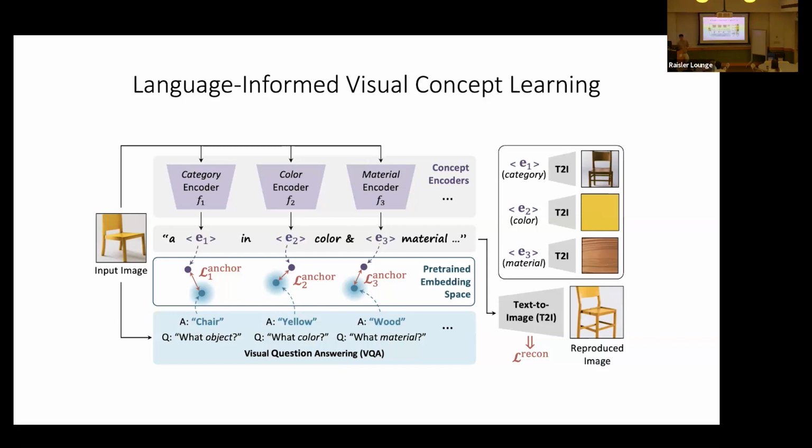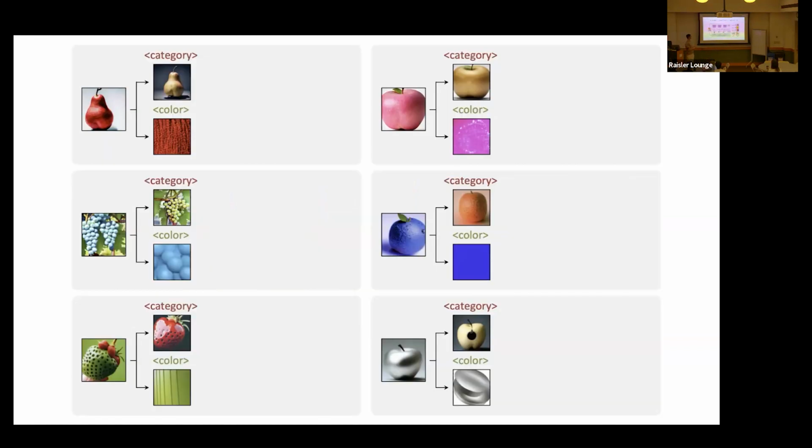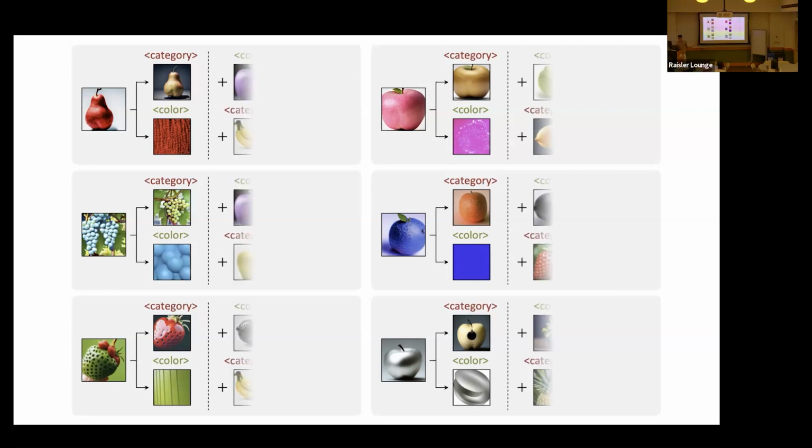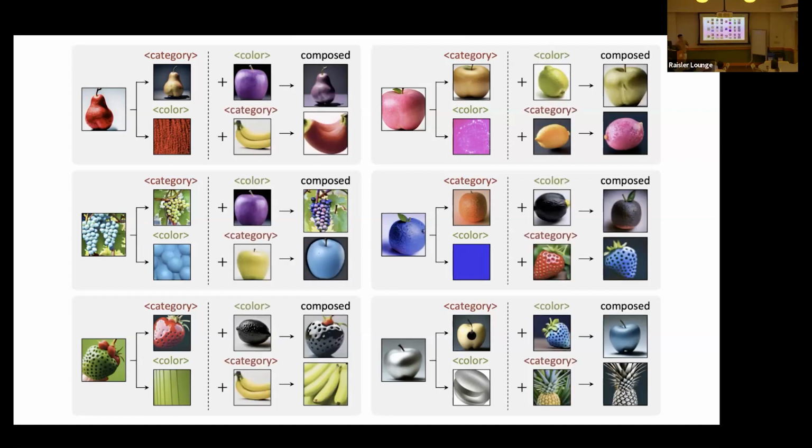With these disentangled representations, we can decompose any image in a feed-forward manner without optimization into category and color, for example, on these fruit datasets, and recompose them to generate different variations of these objects.